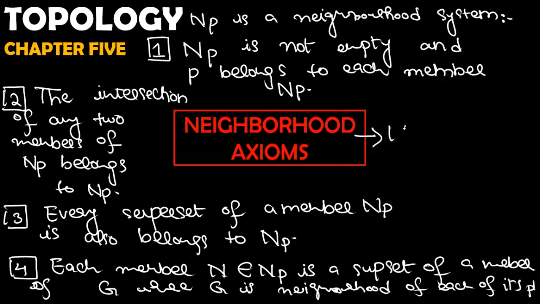This means that if NP consists of N1, N2, N3 and so on, which are all neighborhoods of P, then each contains an open set containing the point P. So it is very important.